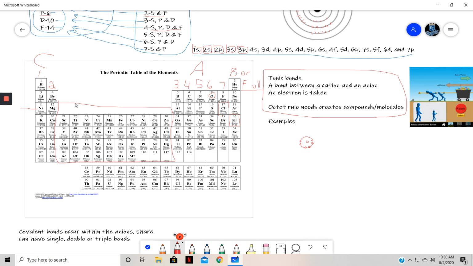Now, if it bonded with beryllium or anybody in this second column, it would take those electrons, and that would give it its 8, to be full. But we're going to draw water. So I'm going to draw a hydrogen atom, and it's got 1.